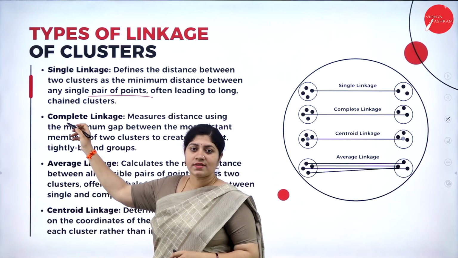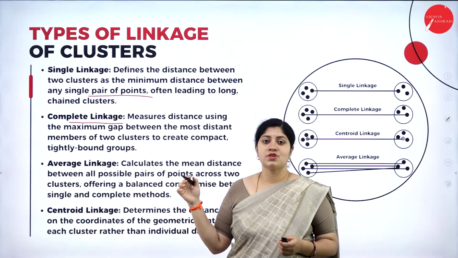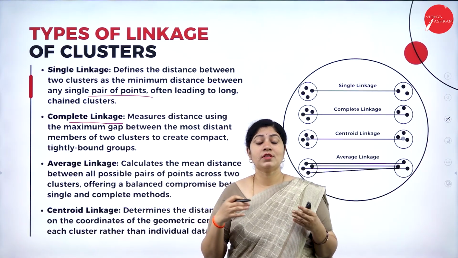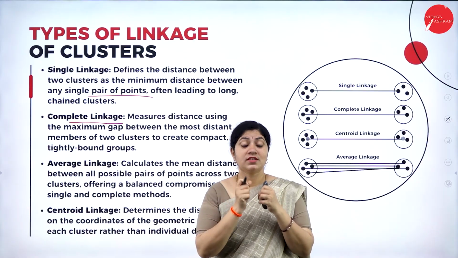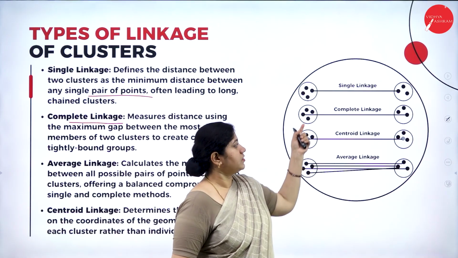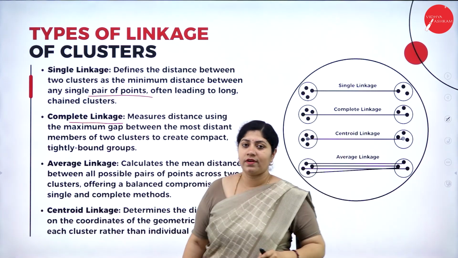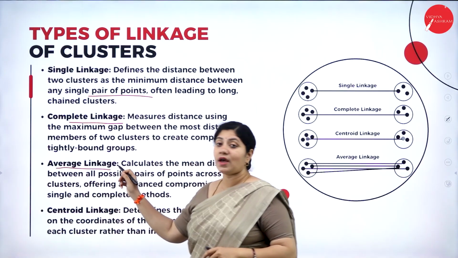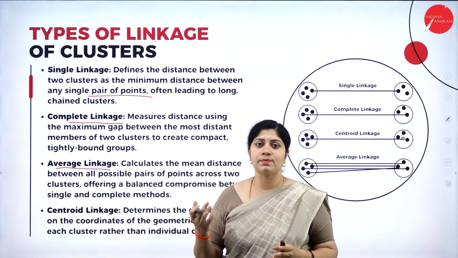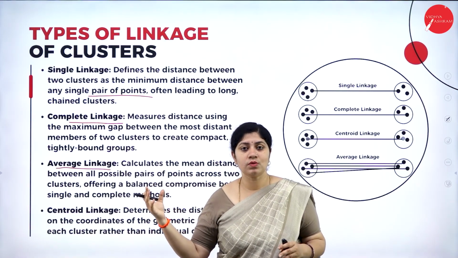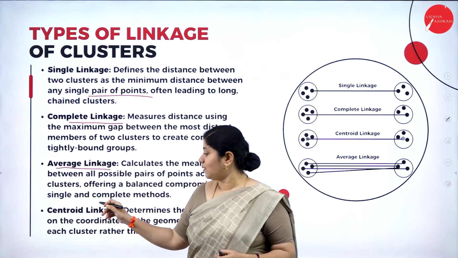Up next, the type of linkage is complete linkage. This measures the distance using the maximum gap between the most distant members of two clusters to create compact, tightly bound groups. So this is a tightly bound group, that is complete linkage. The next type of linkage is the average linkage. It calculates the mean distance between all the possible pairs of points between the two clusters, offering a balanced compromise between single and complete methods.